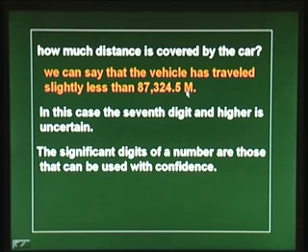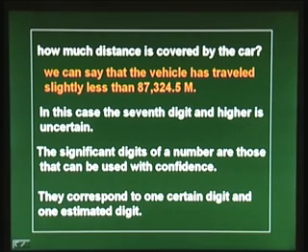So that brings in the concept of significant digits. That's the number of digits we can read off with confidence. They always correspond to certain digits and one estimated digit. We saw that it is between 4 and 5, and we said closer to 5, so we're just making an estimate here. That's the number of significant digits we have.